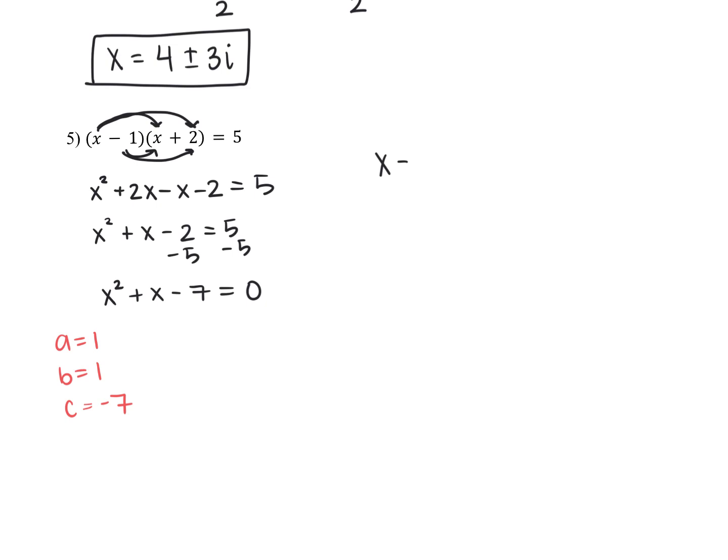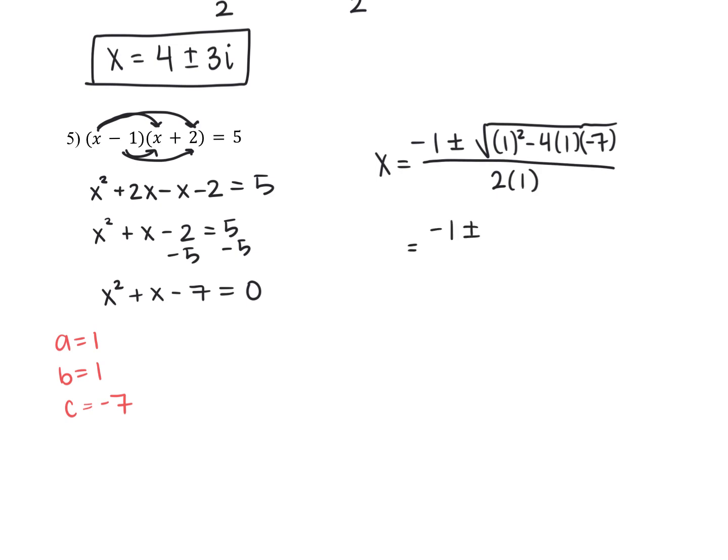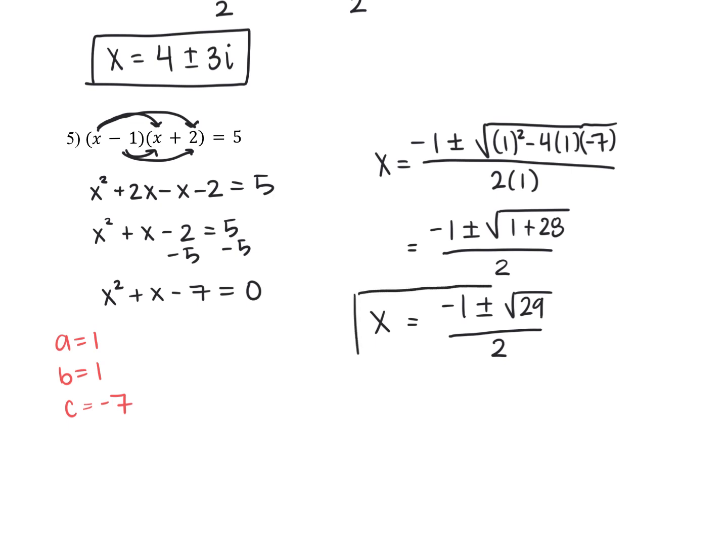So we're going to have x equals negative 1 plus or minus the square root of 1 squared minus 4 times 1 times negative 7, all over 2 times 1, which is negative 1 plus or minus the square root of 1 plus 28 all over 2, which becomes negative 1 plus or minus the square root of 29 all over 2. And 29 is a prime number. I cannot simplify it. So this is going to be our final answer.